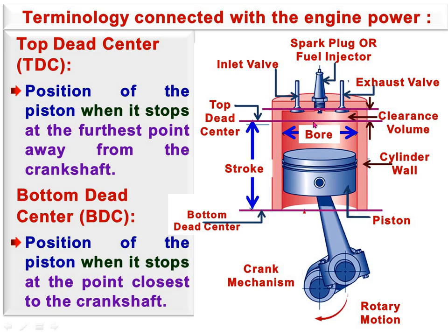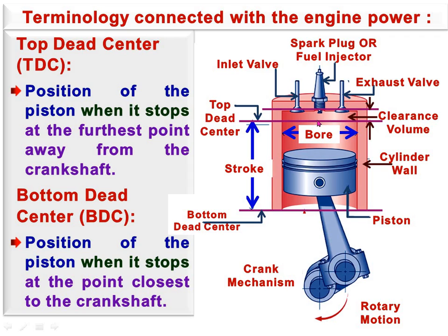Now second, bottom dead center, the position of the piston when it stops at the point closest to the crankshaft. See, this is the last position, either in the suction stroke or in the power stroke, when the piston goes downward and stops at the point closest to the crankshaft. This is the bottom dead center.